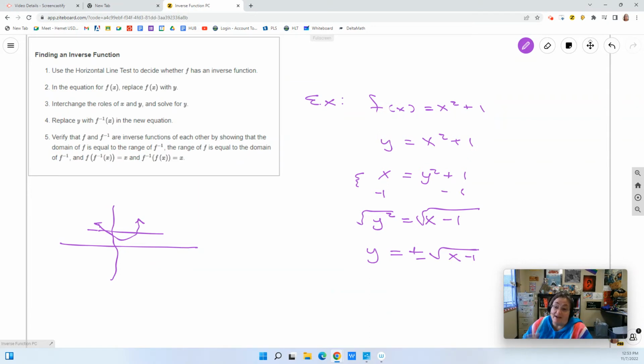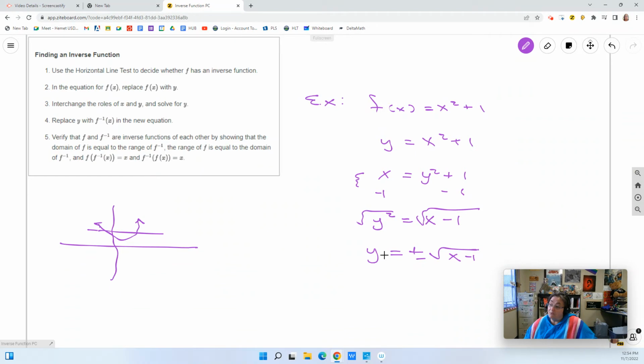But who wants to graph every single problem first? Sometimes you're just going to do them, right? But I just wanted to show you what it would look like when it doesn't work. And now we're going to do some problems where it actually does work because, well, let's face it, those problems are better, right? But you can tell when it's not going to work because we got two y values.